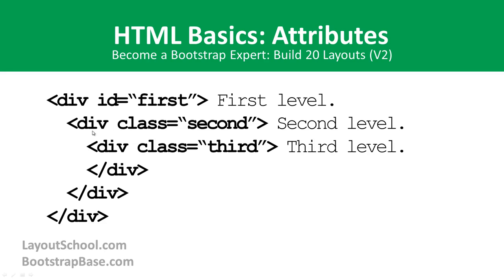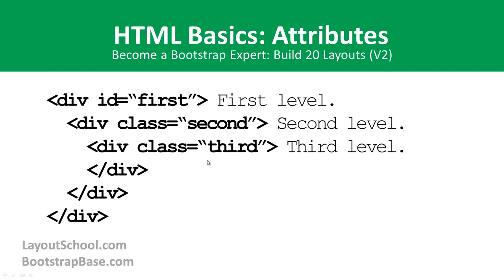The second level div also has an attribute, but this time it's the class attribute. And the third level div also has the class attribute, but this time is different. On the second level we've got the class of second, and on the third level we've got the class of third. Now the important thing to remember is that it doesn't really matter what you're going to name your IDs and class attributes.